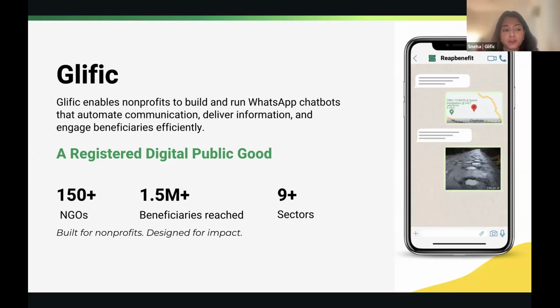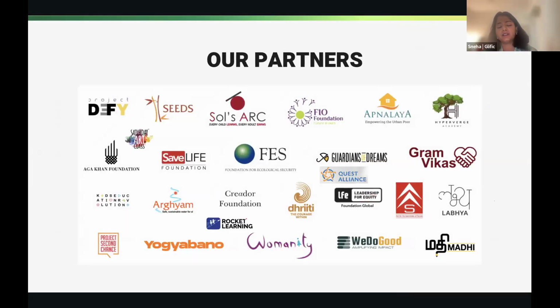It's a platform used by more than 150 plus organizations, and it covers multiple sectors. So basically, if you are looking to automate conversations, if you're looking to automate your programs, you can use Glyphic. Here are a list of a few partners here. You can see some familiar names.